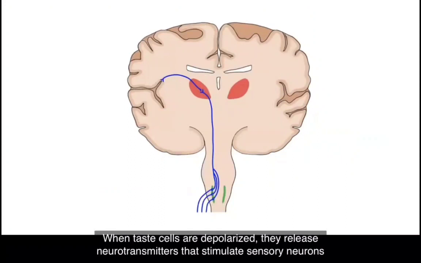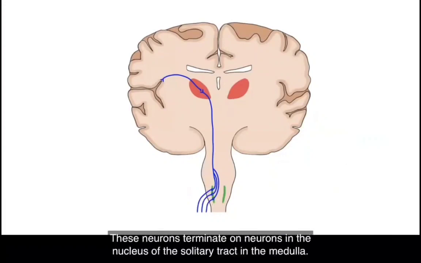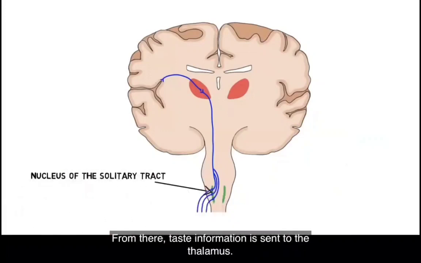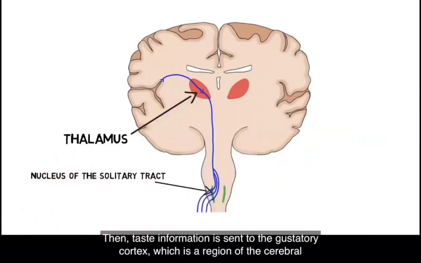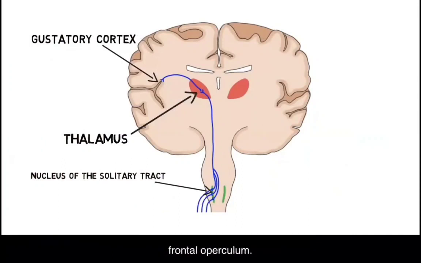When taste cells are depolarized, they release neurotransmitters that stimulate sensory neurons that travel in cranial nerves 7, 9, and 10. These neurons terminate on neurons in the nucleus of the solitary tract in the medulla. From there, taste information is sent to the thalamus. Then, taste information is sent to the gustatory cortex, which is a region of the cerebral cortex found along the border between the anterior insula and a structure called the frontal operculum.